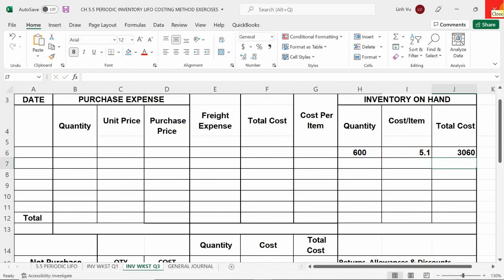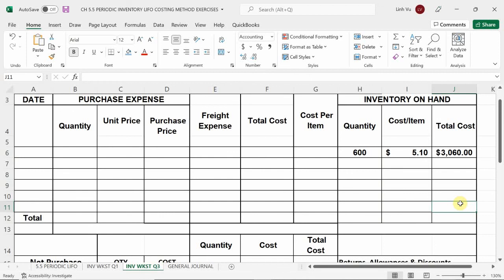It's preferable to copy and paste it from the previous worksheet, but in this case, this is pretty straightforward in regards to the numbers. The numbers are rounded. Tomorrow we'll take a look at what it's like to deal with unrounded numbers, because we're going to be looking at weighted average.